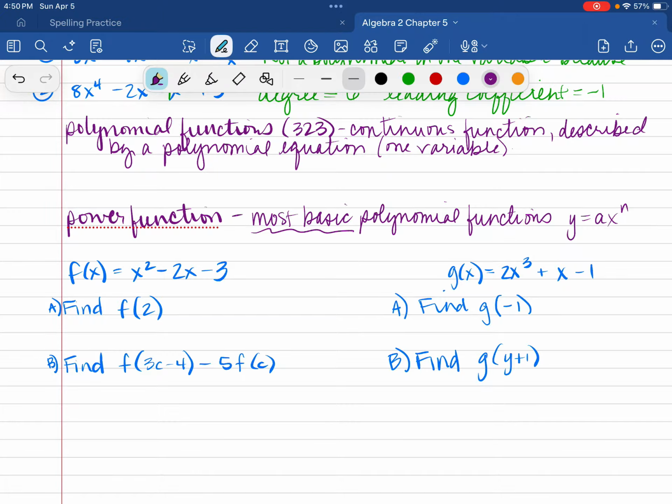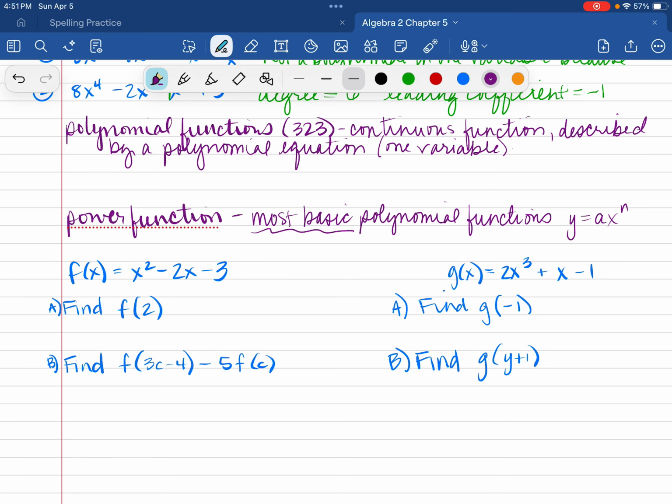So the next types of problems that you're going to be doing, and these are probably the most important, is being able to evaluate functions like this using function notation, and then also simplifying these without numbers if we throw in different variables or doing different operations on these functions.